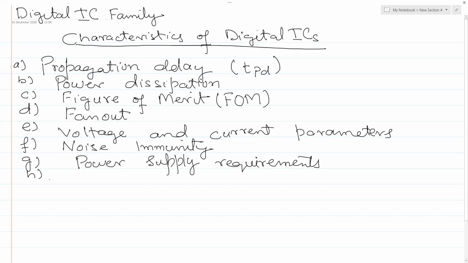Then the last one is operating temperature. So these are the characteristics of digital ICs. We will start with the propagation delay.